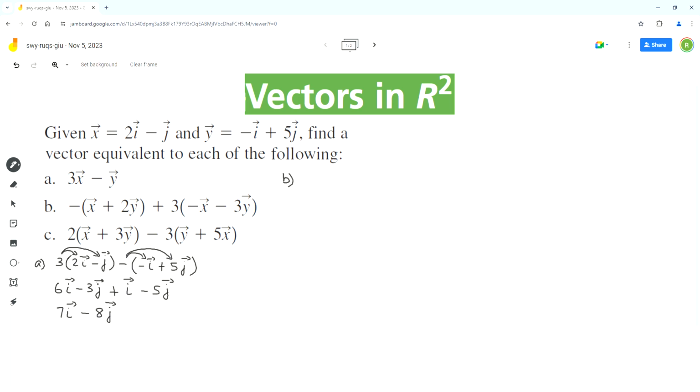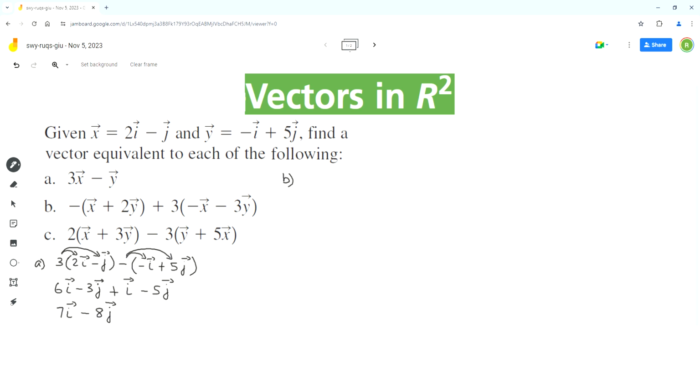Now we can analyze part B. In part B, we are given two expressions in parentheses for x and y vectors. So the first step is to simplify this expression before we do the substitution. In the first part, we'll distribute the negative sign in the parentheses.